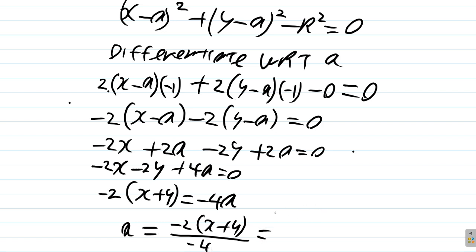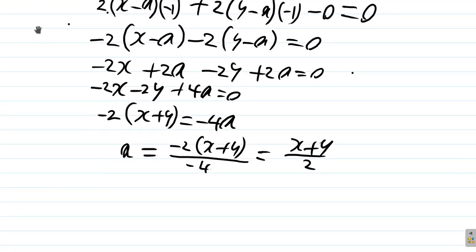So that would amount to what? Negative into negative, positive. So you have x plus y over 2. Alright, nice. You see that? So we have the parameter a as the subject, x plus y over 2.